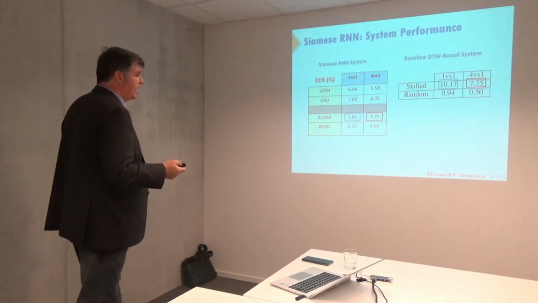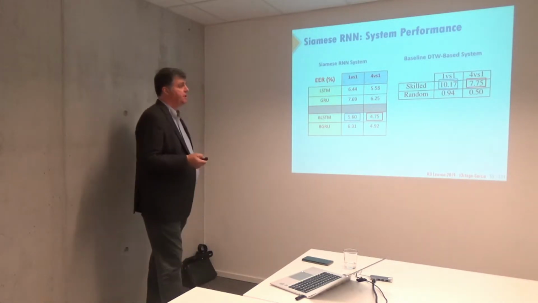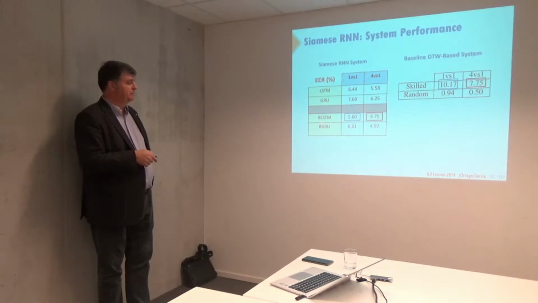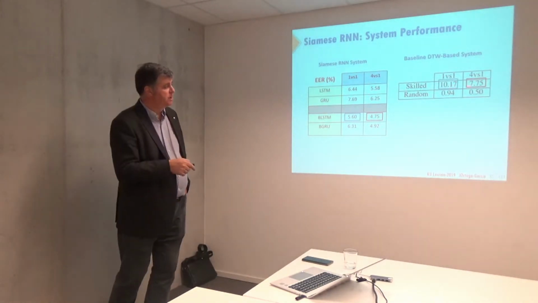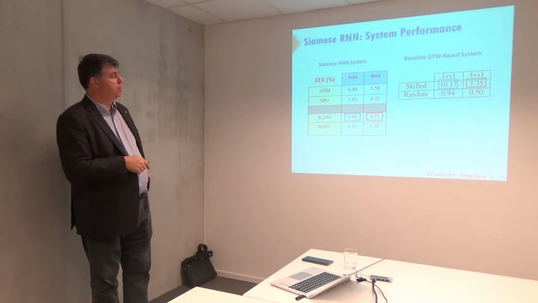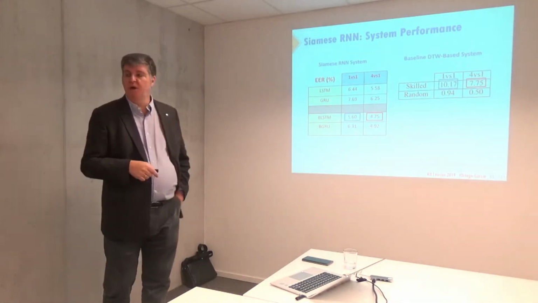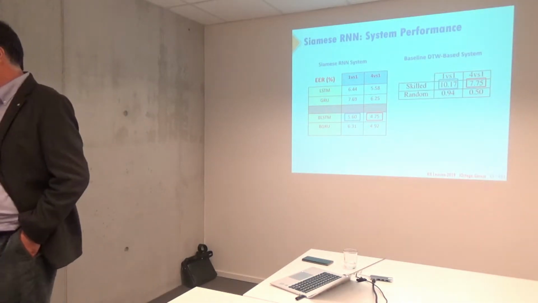What do we have? We have better results for the skilled problem. You can see here the skilled problem, we have better results, but we don't have better results for the random problem.